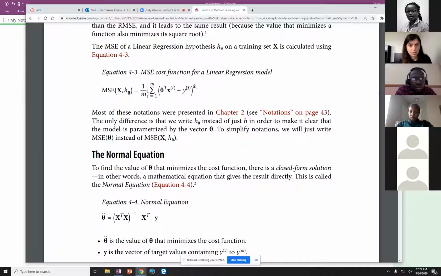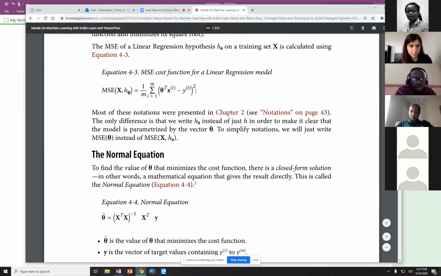Most people use 2m because the derivative of this, you bring this 2 back down, then you subtract 1 from this 2, and then you find the derivative of this with respect to theta, which is x. The way I learned it too had 2m. Most people add the 2m so that when you bring the 2 down, 2/2 will still give you 1/m.